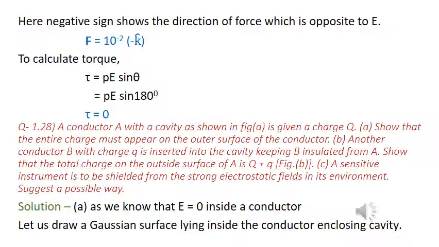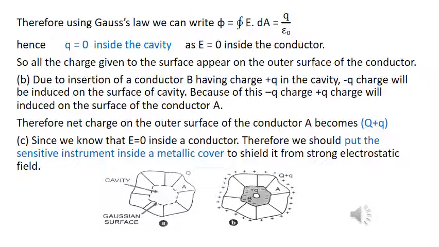For the solution, as we know that the electric field inside a conductor is equal to 0, let us draw a Gaussian surface lying just inside the conductor enclosing the cavity. Now using Gauss law, we can write flux phi is equal to closed integral over the surface of E dot dA is equal to Q by epsilon naught.